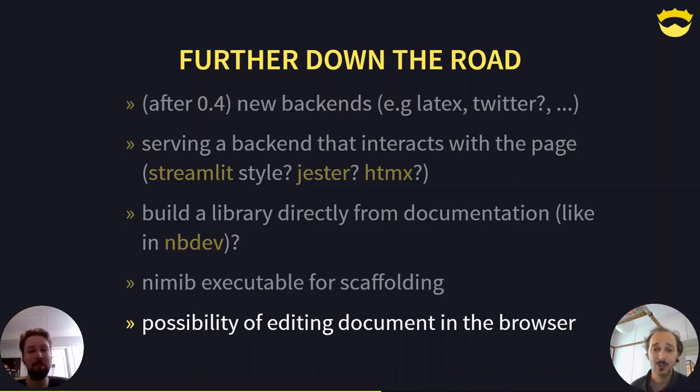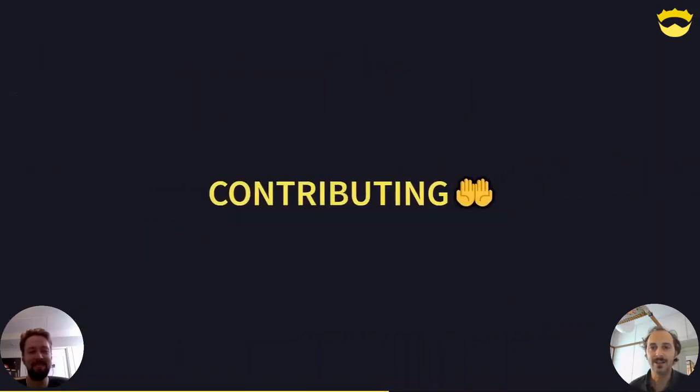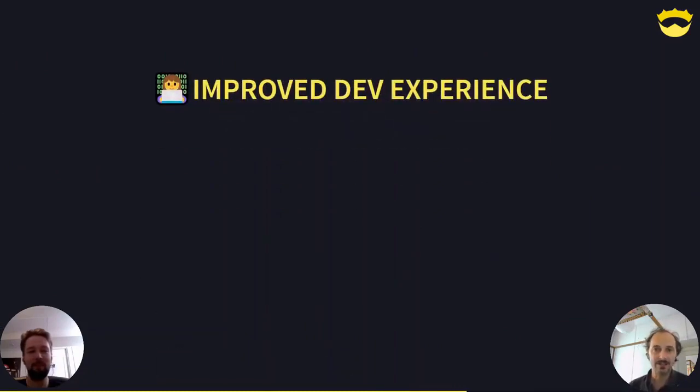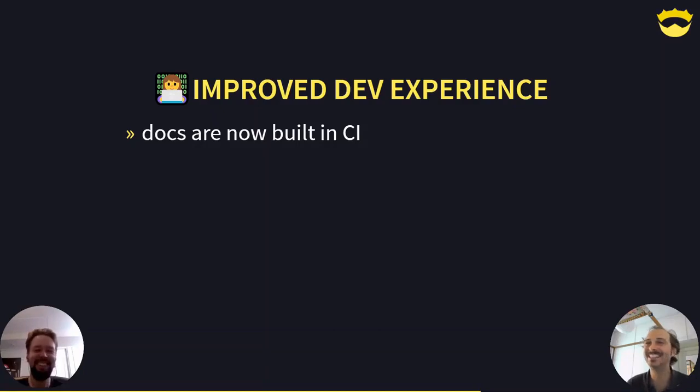We can dream. And the thing is, you can help us dream and achieve this stuff by contributing to Nimib. Indeed, in this release, there has been quite some effort in improving the developer experience, which was not particularly great at the beginning, so probably that's why it was not so hard to improve it.